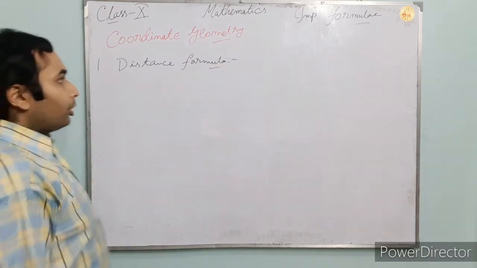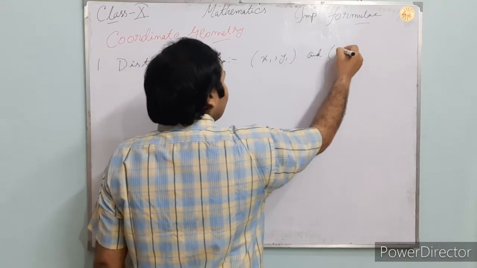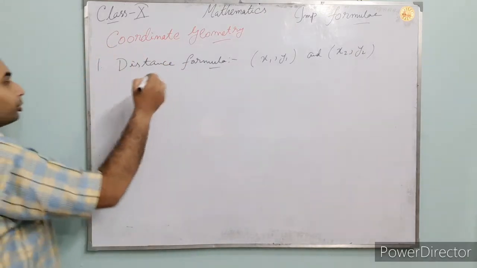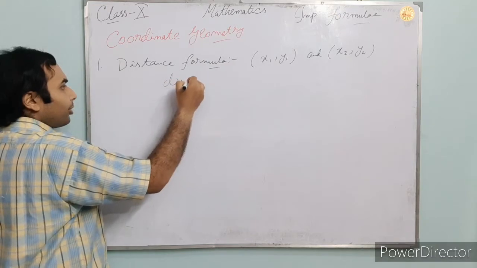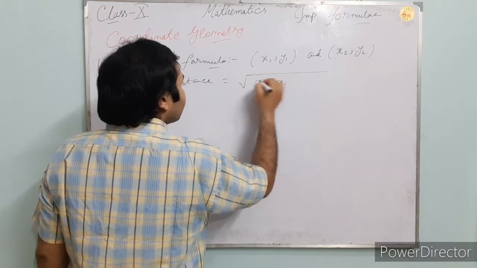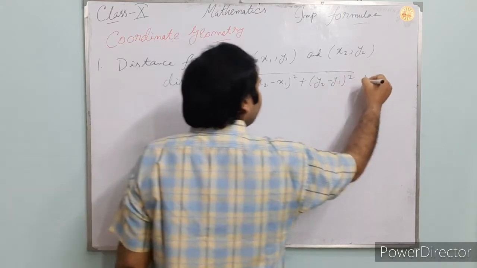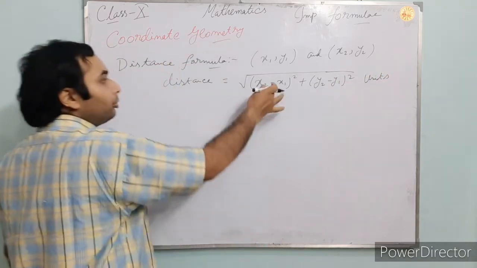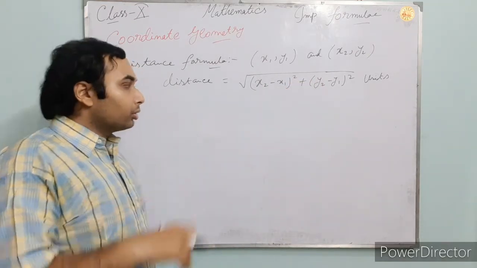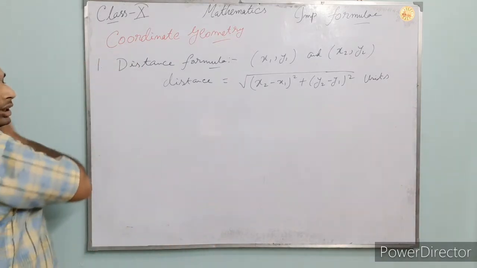If x1, y1 and x2, y2 are 2 points, then the distance between them will be the root over x2 minus x1 whole square plus y2 minus y1 whole square units. Actually, it can be x1 minus x2 and y1 minus y2. Here the square is there, so there is no problem with the sign. Okay, so distance is this one.